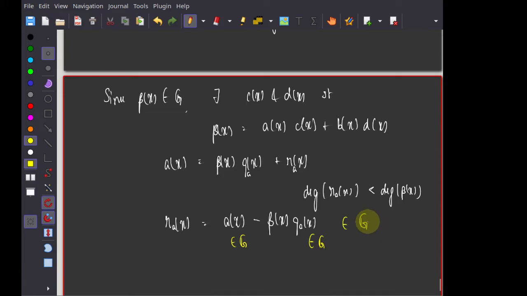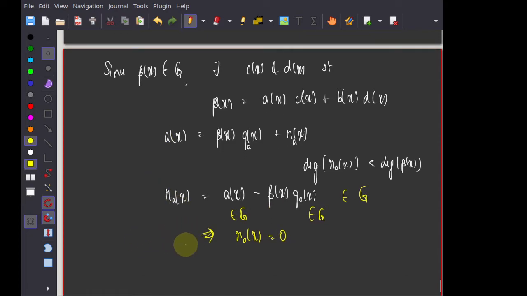But how can that happen? Because we assumed that beta(x) was the polynomial of the least degree in G. So this can happen only if ra(x) is equal to 0. Nothing else can give you this. This implies ra(x) is equal to 0.